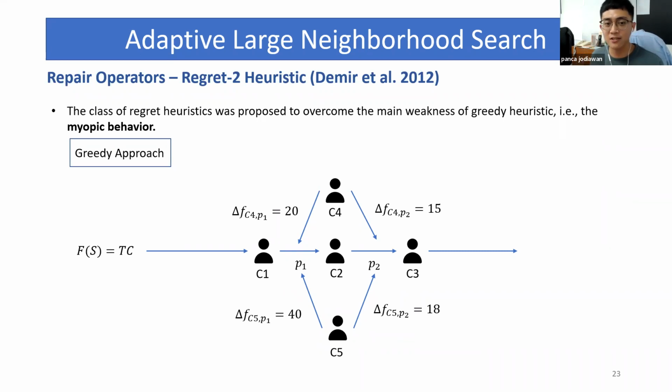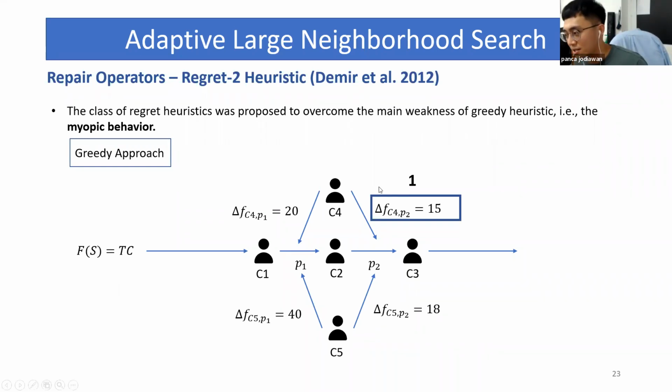You have C4 and C5, and each customer has 2 possible positions. Please determine which customer and which position. C4 and P2. Yes, thank you, Dr. Wira. That is C4 and P2. For the greedy approach, we will insert C4 at P2.